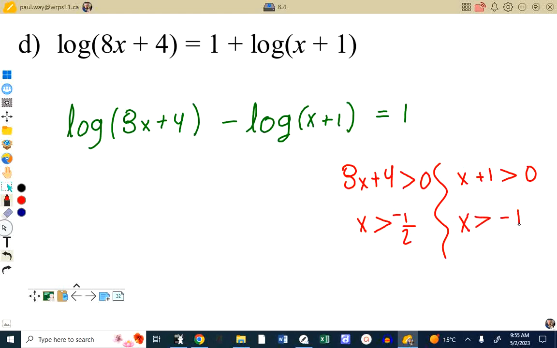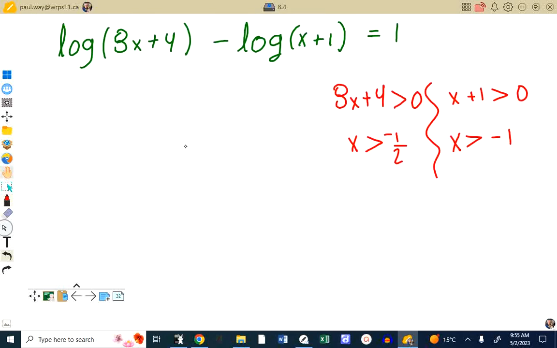Wait a minute. What does that mean? How do we wrap our heads around two restrictions or two sets of restrictions? One of these is going to be consumed by the other. If I were to take a look here on a number line, and I like number lines for this kind of thing, I think it's very helpful. On a number line, here's -1, here's -1/2.